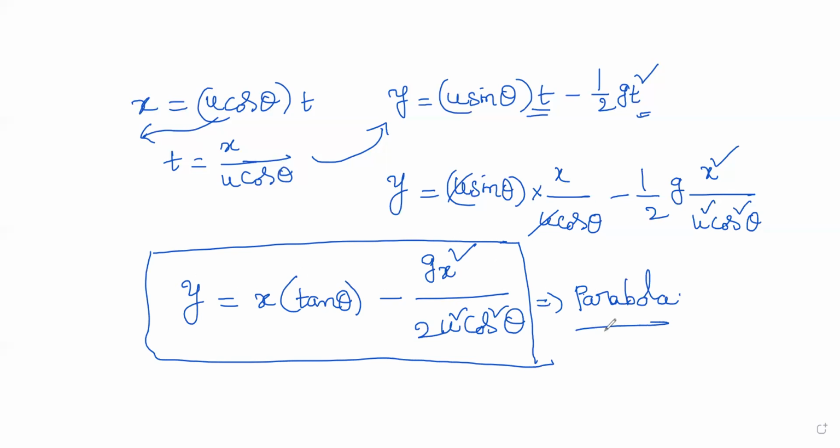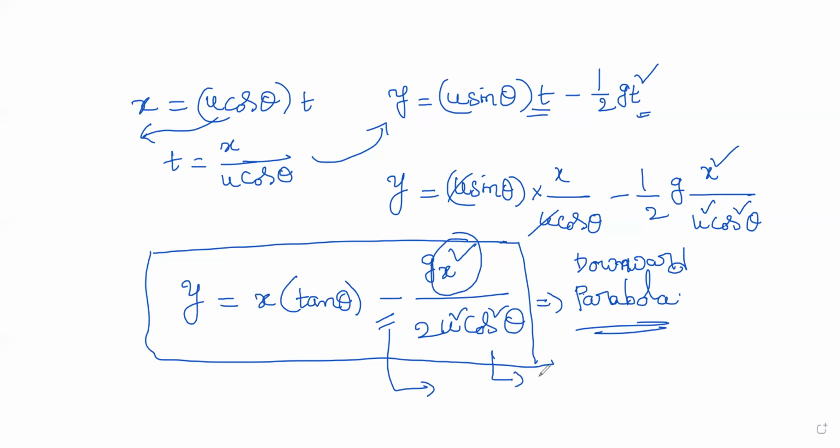And since the square term is negative, it's a downward parabola. It's a downward parabola because of the reason that the square term is negative here. So that is called the leading term, the leading coefficient.